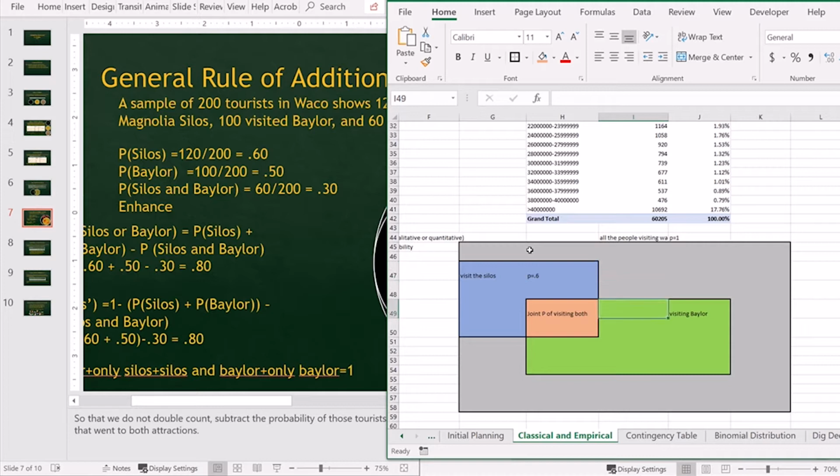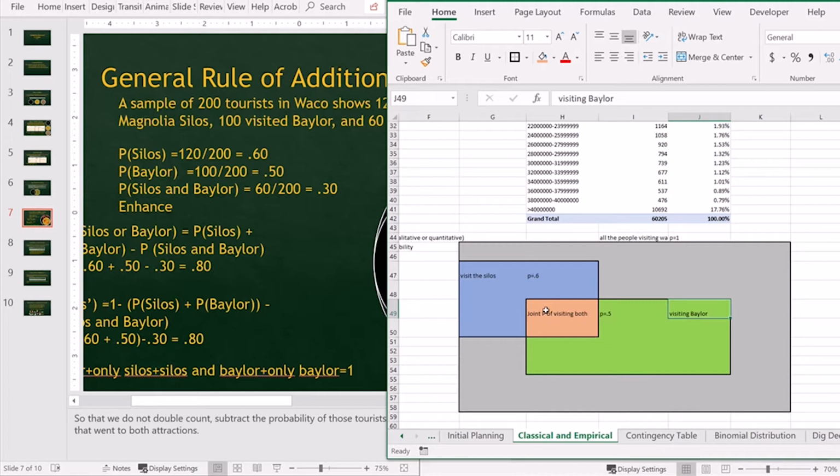Now we're going to assume that these two events are completely independent. Okay, in other words, one does not impact the other. So if one does not impact the other, what is the probability of them visiting both the silos and Baylor? 0.3.